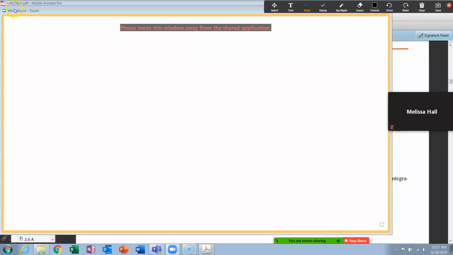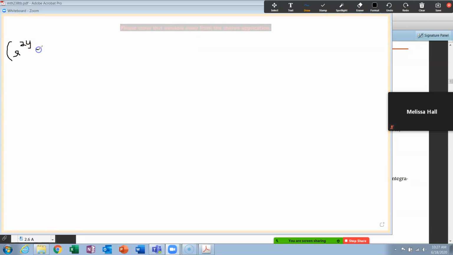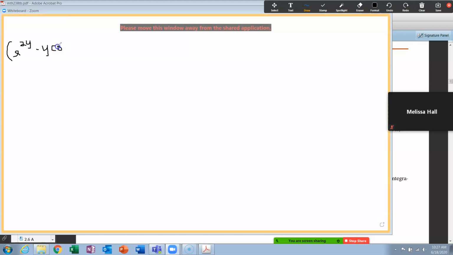Open parentheses, e to the 2y minus y cosine xy, and they don't put it in parentheses.